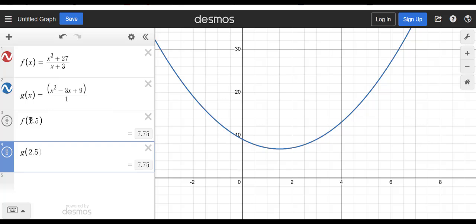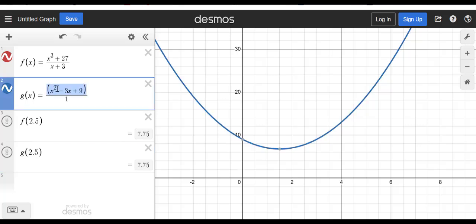I do not pick values that might lead me to a false positive here, like 0, 1, 2, and also any domain restrictions, because again, these two functions are equivalent, but one has a hole or removable discontinuity and one does not. So in order for me to see that they're numerically equivalent, I just choose a random value that's not a domain restriction.